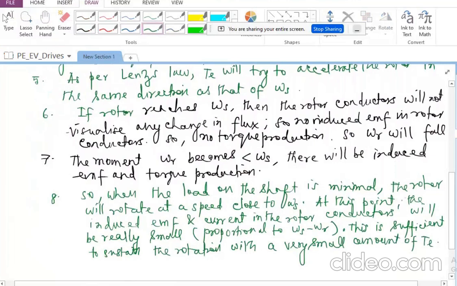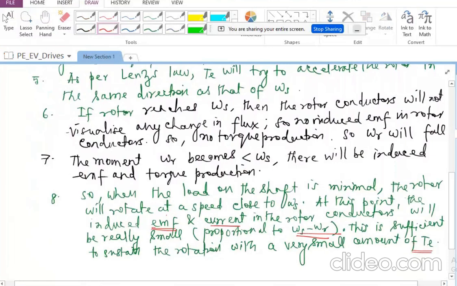So when you load the shaft more and more, you are going to see that the difference between omega s and omega r increases. That is, the rotor is going to lose some speed. So the induced EMF will be definitely larger. The current will be larger. So electromagnetic torque will be larger. So when you load the motor more and more, you will need more torque.